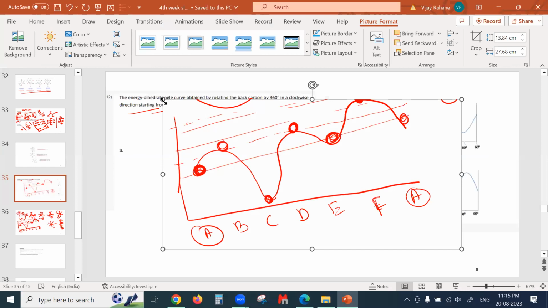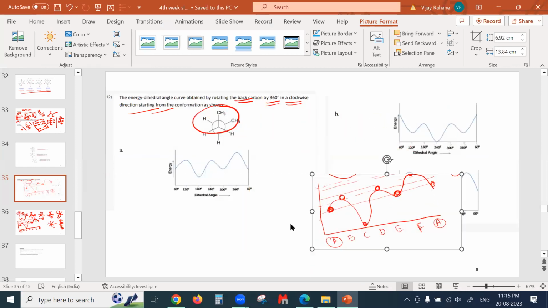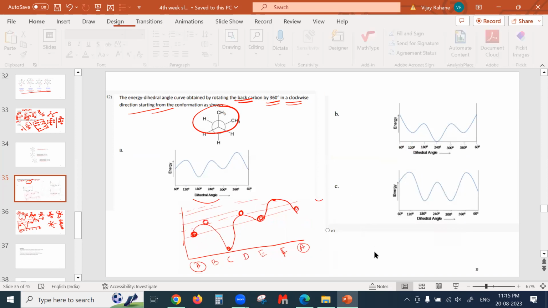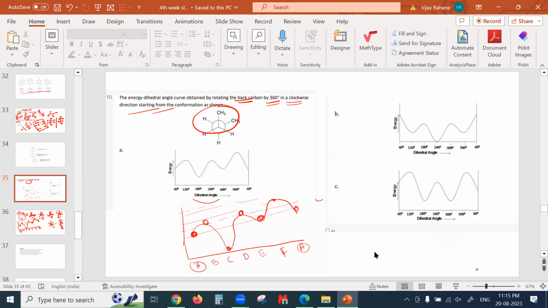So this is our potential energy curve, and we'll match it with the options. If you match correctly, here you can see the highest one is the second last, right? Oh, sorry. Wait, so we got the option.